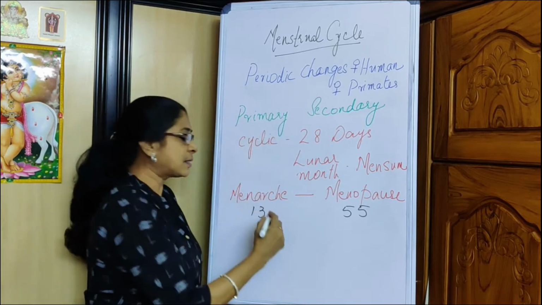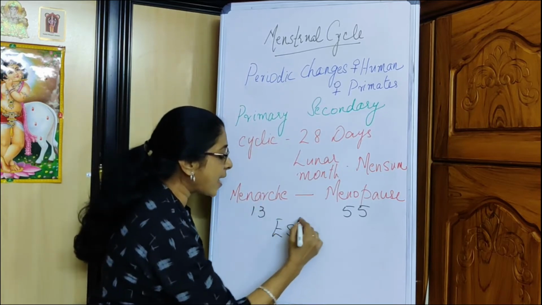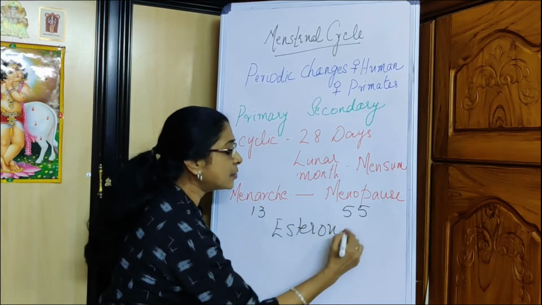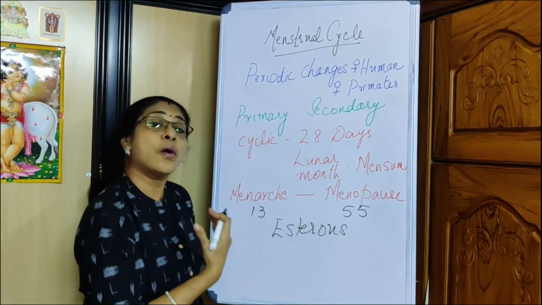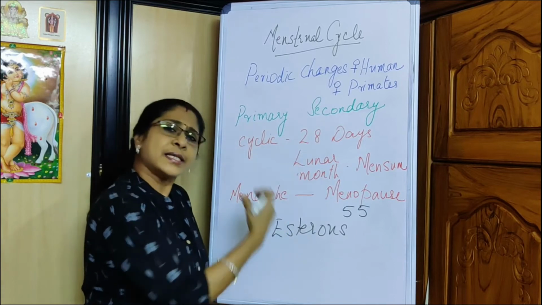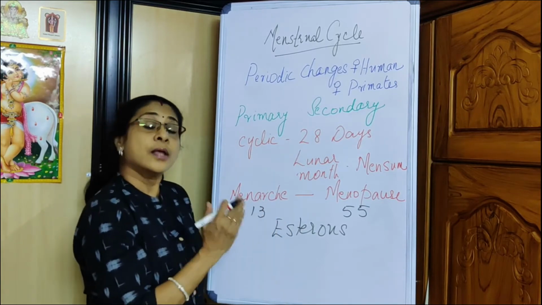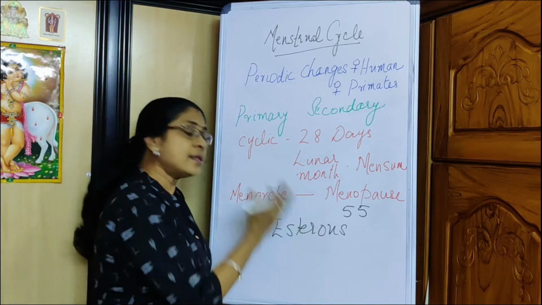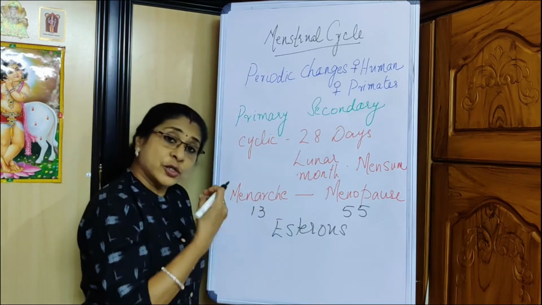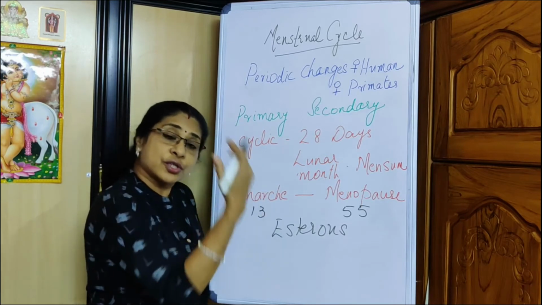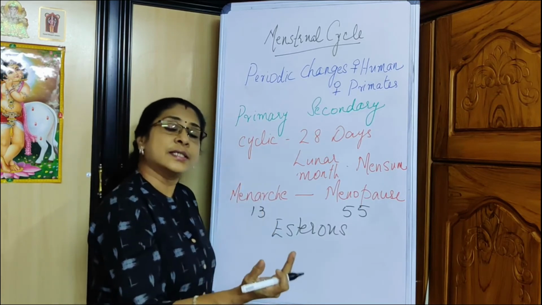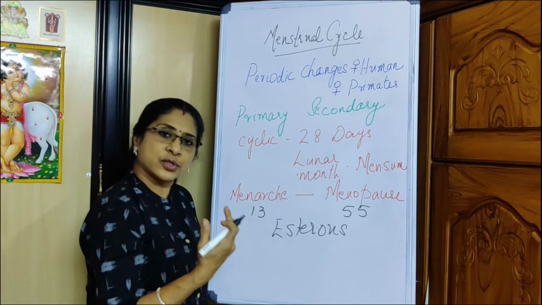Similar to the menstrual cycle, there is what is known as the estrous cycle. The estrous cycle is seen in non-primates. It is very similar, where changes happen in the primary and secondary sex organ. The only difference is in the estrous cycle, the endometrium or the uterine epithelium is not discharged out as menstrual flow.